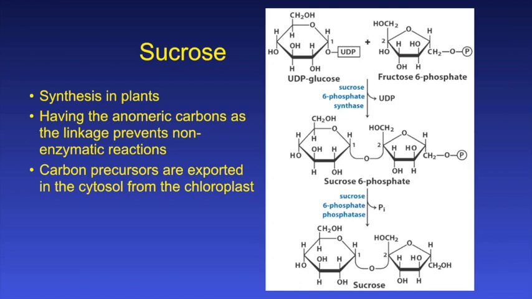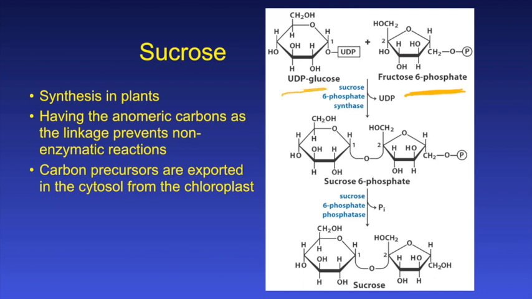The next option that we can make is sucrose. Sucrose will need to have a glucose and a fructose. Now, the fructose 6-phosphate comes from the glycolysis, gluconeogenesis pathway, and we just don't go all the way up.